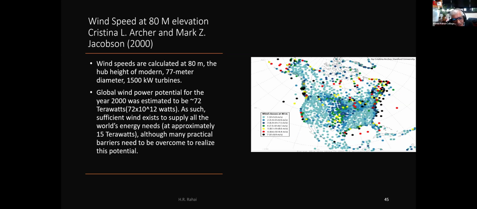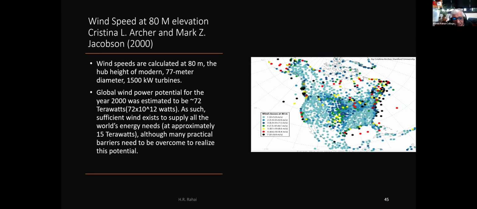They did a calculation for a standard wind turbine that has a diameter of 77 meters and is on a pole that goes 80 meters high. They produced results for different regions. This is a sample calculation for California.